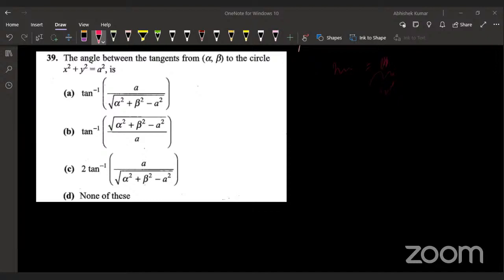Those who are not getting it, if you draw the figure, you'll get an idea of what we should have.